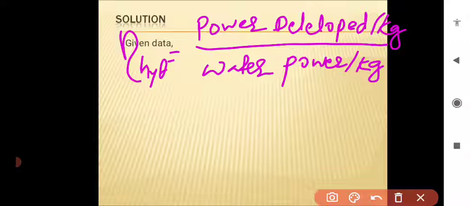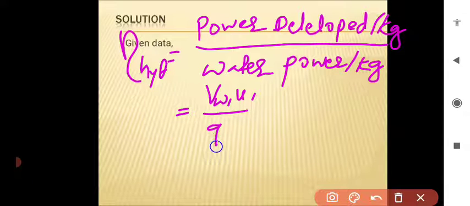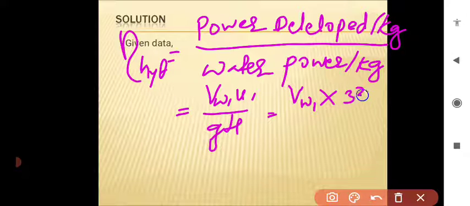So that is equal to Vw1 u1 by gH. Substitute the values in this equation, we will get Vw1 from this equation. So Vw1 into u1, where u1 is equal to 33, by g is equal to 9.81 and H is equal to 20.